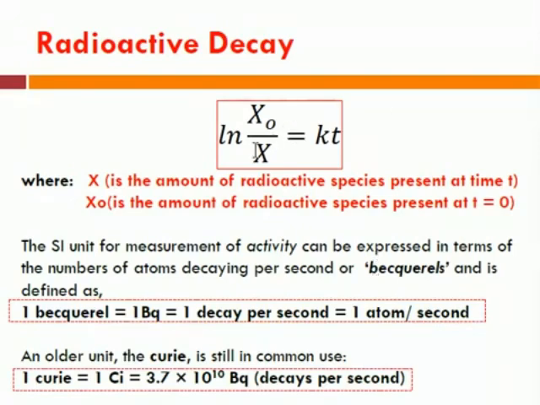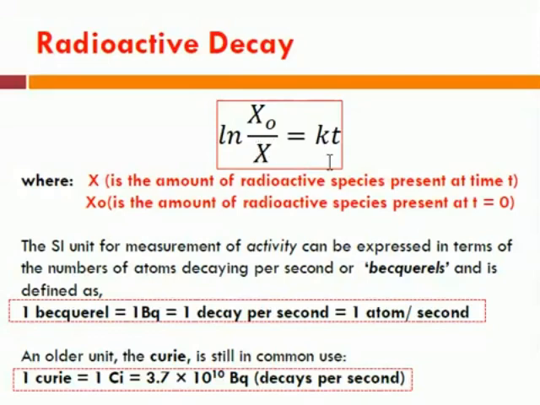So we have ln x sub O over x is equal to kt, where x is the amount of the radioactive species present at time t, and x sub O is the amount of the radioactive species present at time 0. Meaning x sub O is the initial amount, and x is the amount at a given time t.